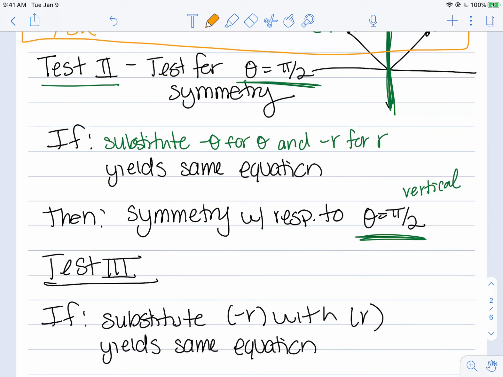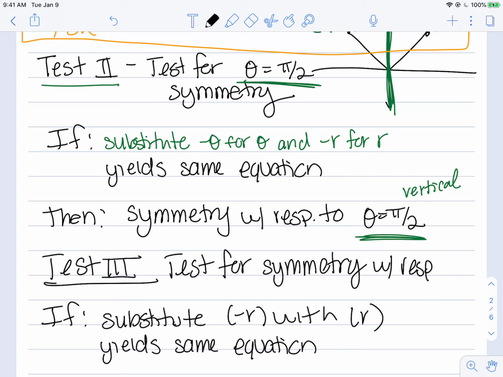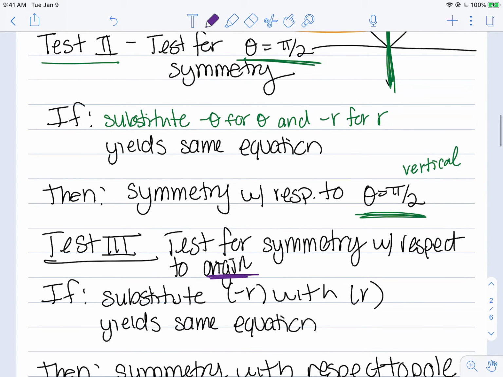The third test, okay, we're going to have the test for symmetry with respect to the origin. So again, feel free to pause, write down, and then come back. All right, so we're going to replace r with negative r, because if you have a point here, r theta, you need to have a point somewhere over here at the same angle, negative r.